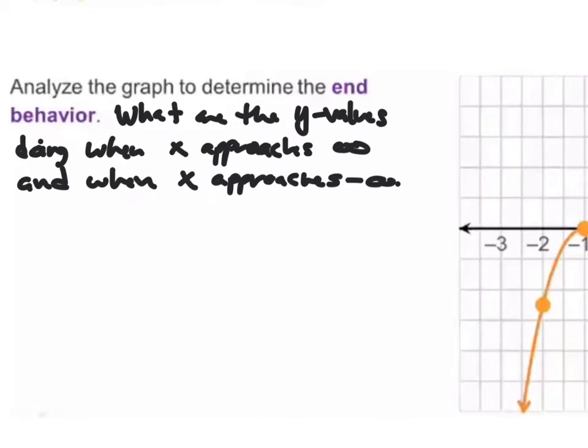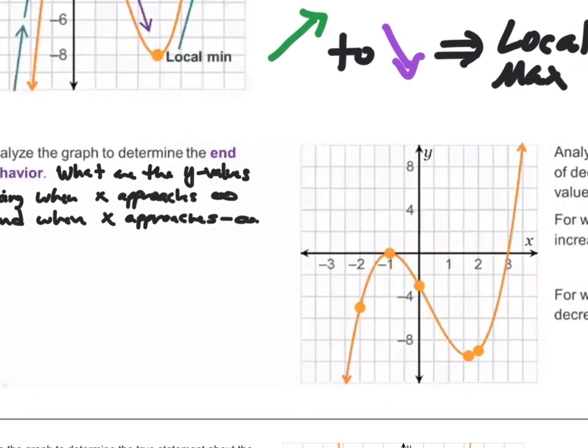So again, what are the y values doing as x gets really big and as x gets really small? So as x gets really, really big, as x approaches positive infinity, what are the y values doing? The y values are approaching positive infinity.